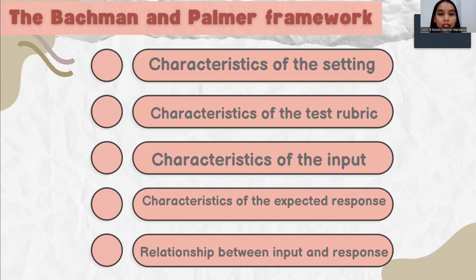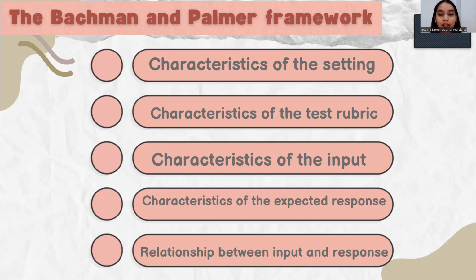In tests of language use, or TLU, response characteristics like channel, form, language, and length are frequently unpredictable, and the focus on response type, like selected, limited production, or extended production, could be limiting and unnecessary. And the last is the relationship between input and response, which can be classified by three criteria.